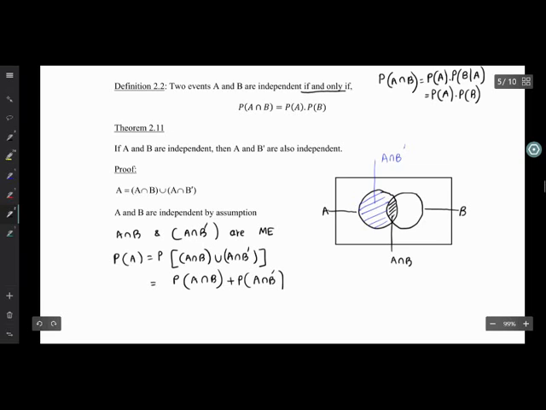Since it is given that A and B are independent, we can write A intersection B as P(A) times P(B), plus P(A intersection B prime).